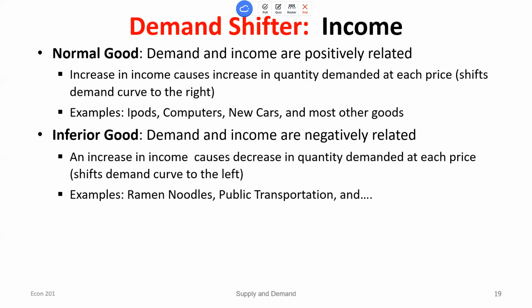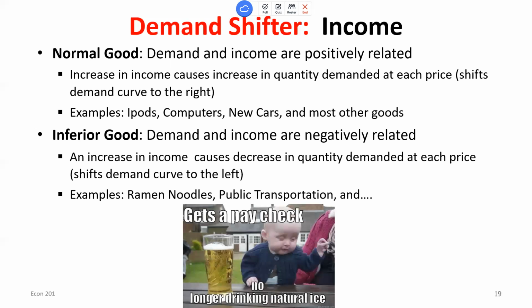Parking is hard to come by, and so there's a lot of people who use public transportation. You have to amass a pretty significant amount of income to transition from not using public transportation to owning your own automobile in a place like New York City. I think it maybe sounds trivial, but in larger cities this is a very good example of an inferior good. So get a bigger paycheck, no longer drinking Natty Ice, right?